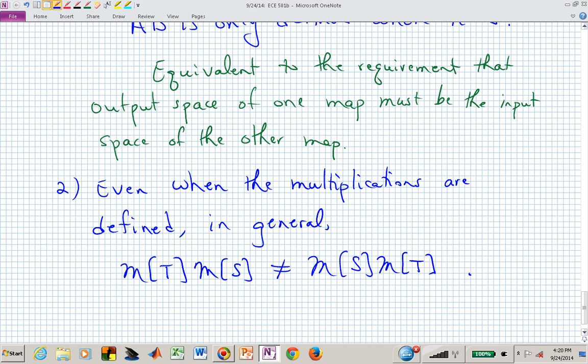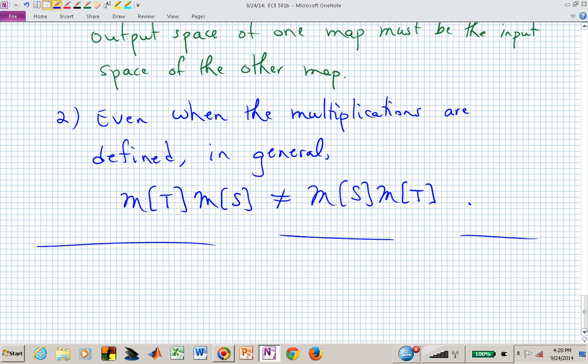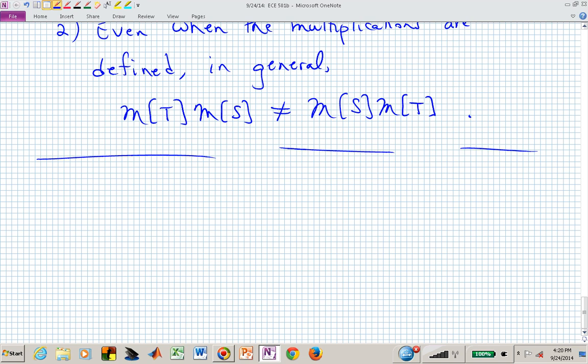A times B is not equal to B times A in general. That was for matrices where we have an A matrix and a B matrix. Your B could be specialized to be a column matrix or a vector, and that's still okay also.